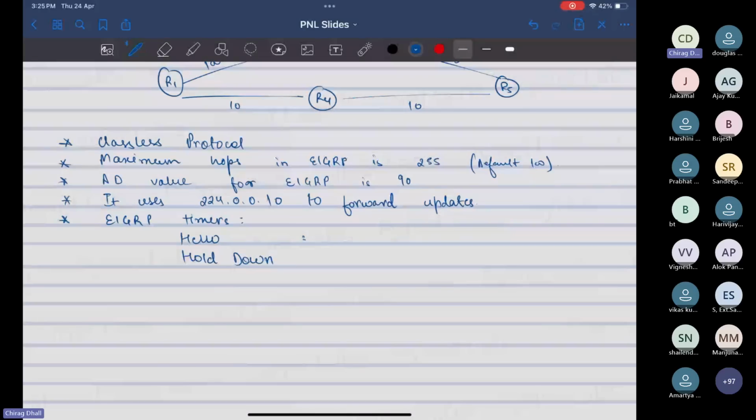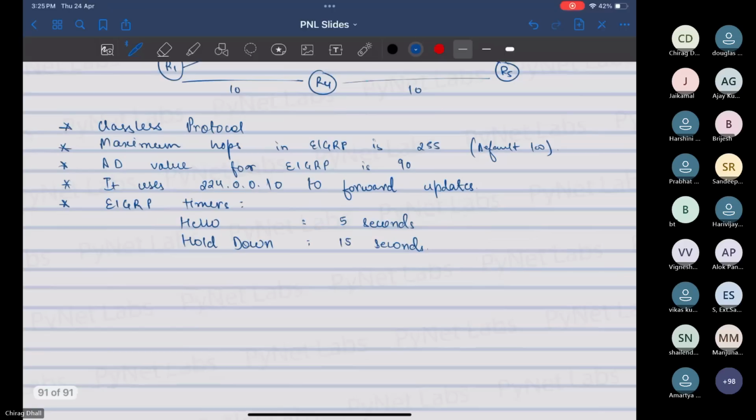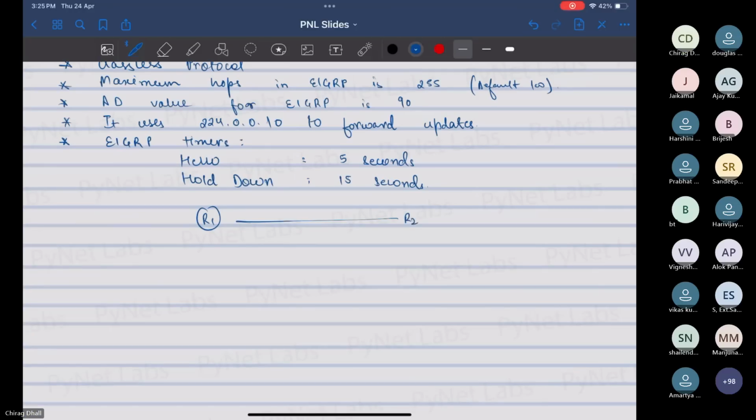Hello timer is of 5 seconds and hold down time is of 15 seconds. So if two routers are connected, R1 and R2, after every 5 seconds, they will exchange hello messages.